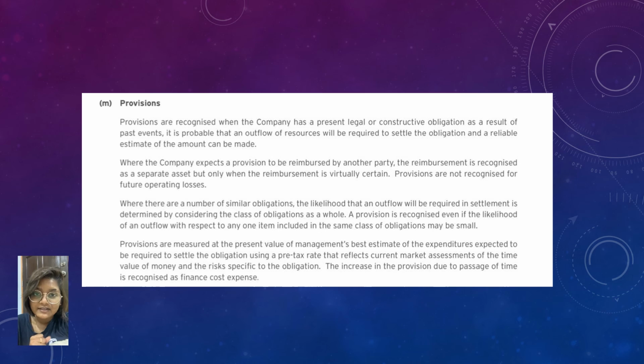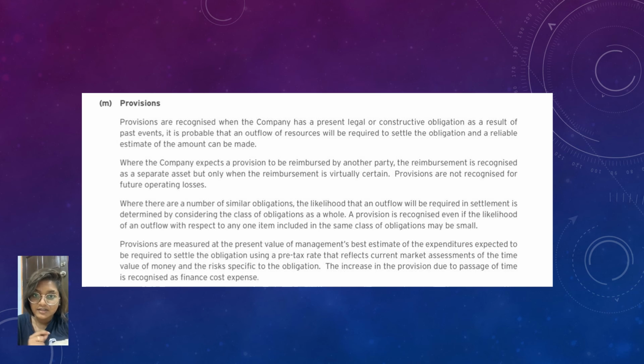Where there are a number of similar obligations, the likelihood that an outflow will be required in settlement is determined by considering the class of obligations as a whole. A provision is recognized even if the likelihood of an outflow with respect to any one item included in the same class of obligation may be small.